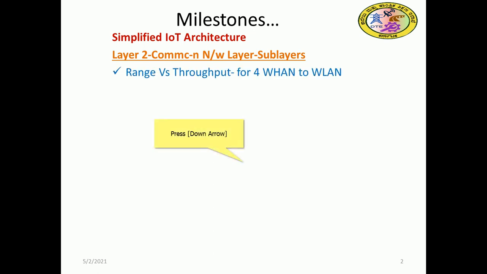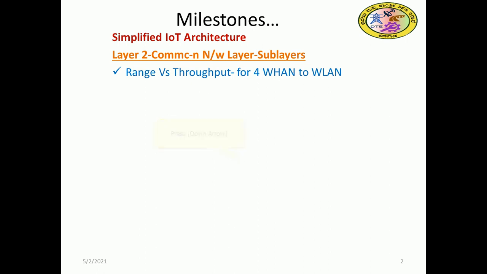The sub layers concentrate on data transmission rate, that is, the range of the data transmission versus throughput. Four technologies have been selected for studying, from the wireless home area network to the wireless local area network. Initially they considered the home area network, then added wireless. Initially they considered the local area network, then added wireless.